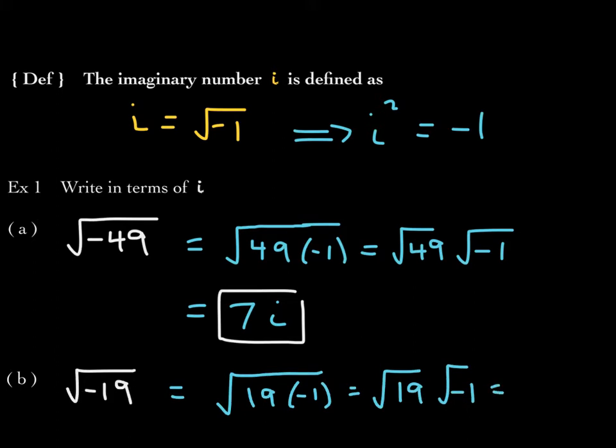Now, the square root of 19 does not simplify like the square root of 49 does, because 19 is not a perfect square, neither does it have a factor that's a perfect square. So the square root of 19 just stays. But the square root of -1 is i. The best place to put the i is in front. So it's i times the square root of 19. That's the simplification for this, rewriting this in terms of i.